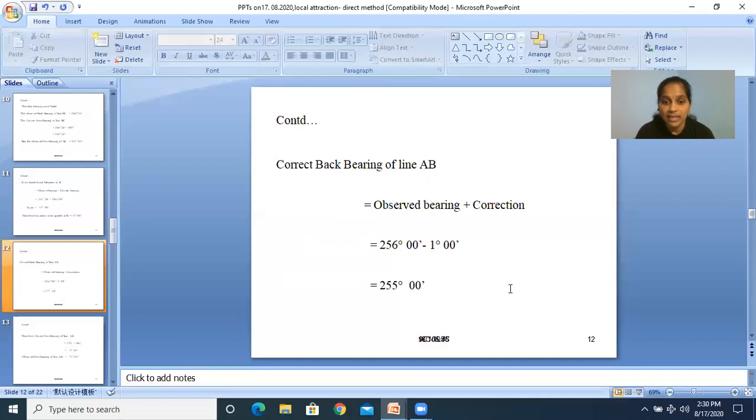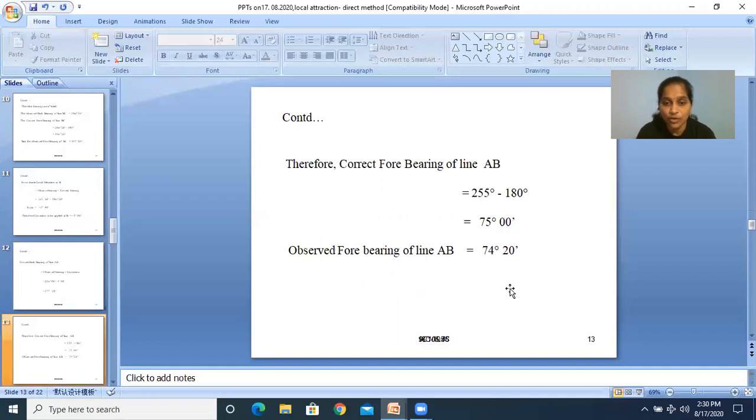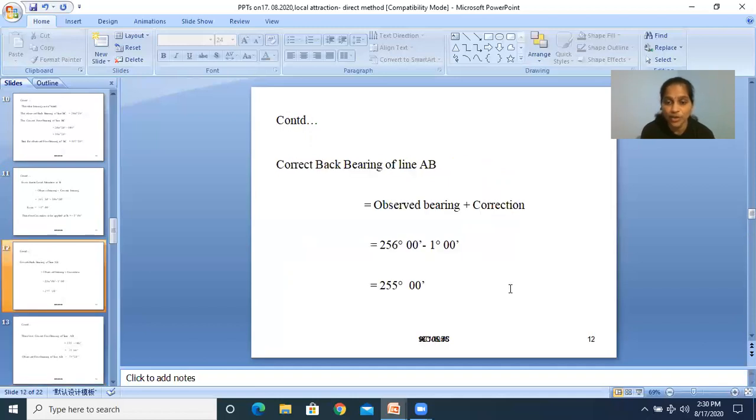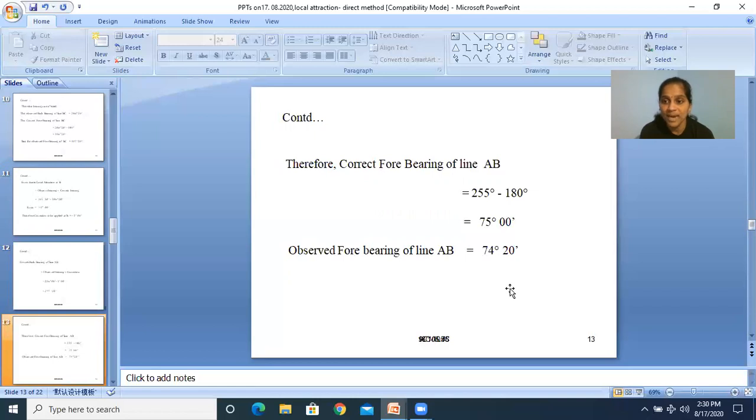Therefore correct forebearing of AB line is equal to 255, that is the correct back bearing of AB line, minus 180, because it is greater than 180, so that it is 75 degrees. Then the observed forebearing of AB line is 74 degrees 20 minutes, but the actual value of correct forebearing of AB line is 75 degrees.